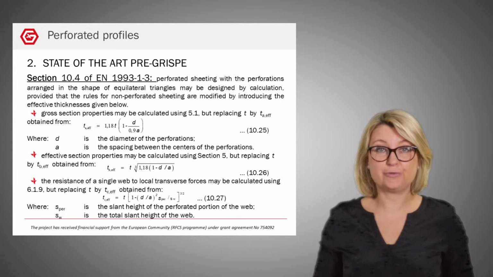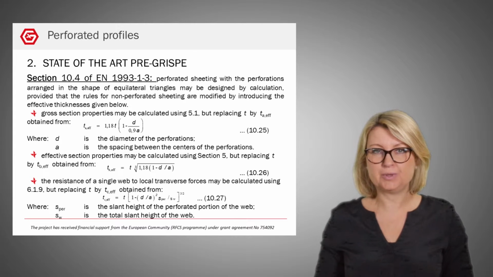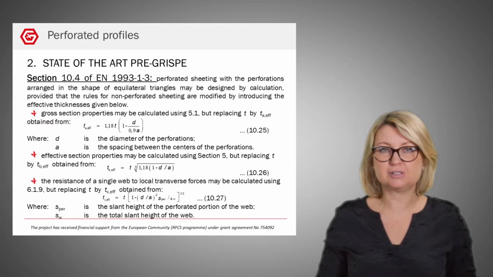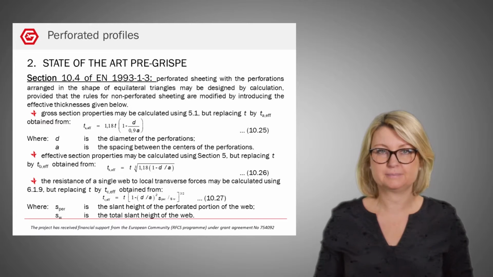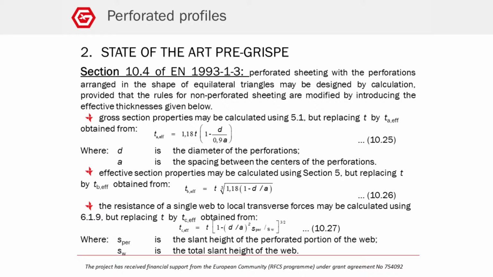Here we have the section of the Eurocode which deals with the profiles with perforations arranged in triangles. It stipulates that these specific sheetings may be designed by calculation, provided that the rules for non-perforated sheeting are modified by introducing an effective thickness: t_AF for gross section, t_BF for effective section, and t_CF for the resistance of a single web to local transverse forces.